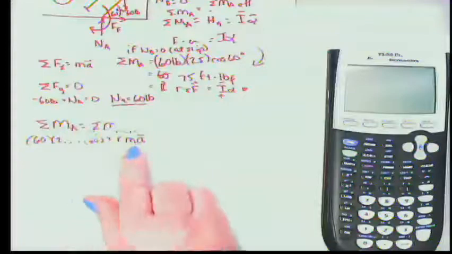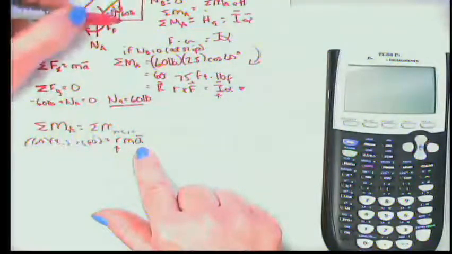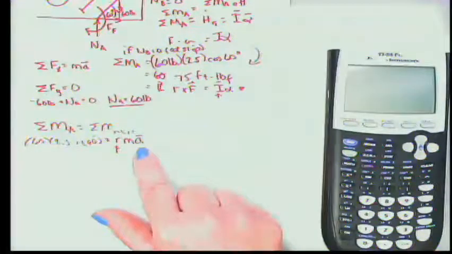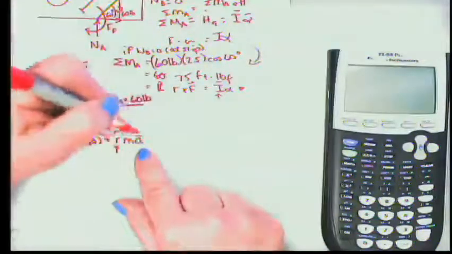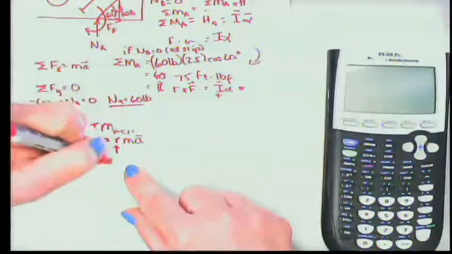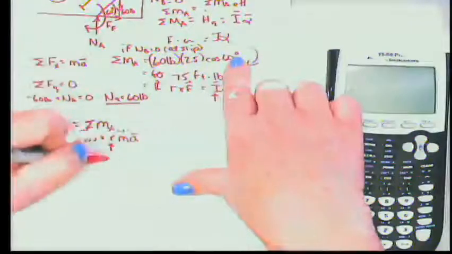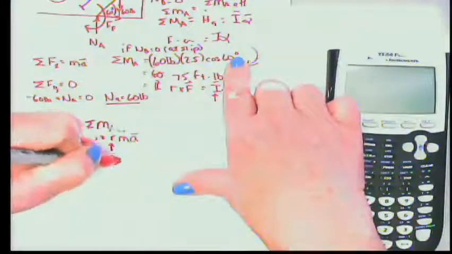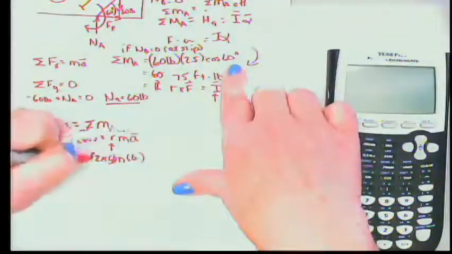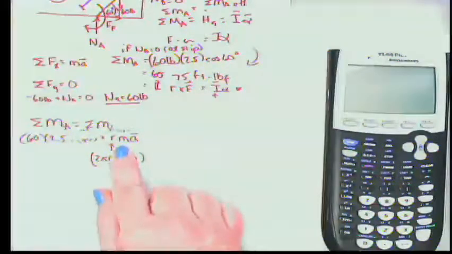Then we have R, which MA is horizontal, so we need the vertical component of the moment arm, the distance from here to here. So R is 2.5, in this case, times the sine of 60 degrees, because this is the opposite, times the mass. We don't have a mass, but we are given a weight.